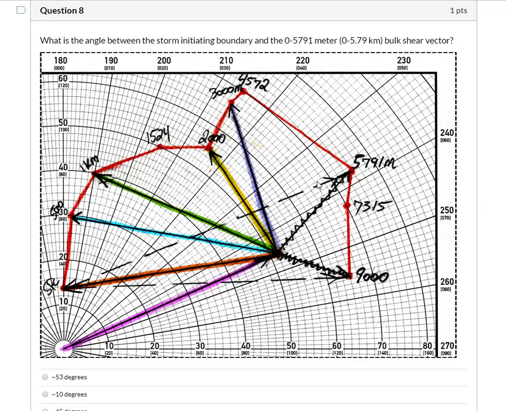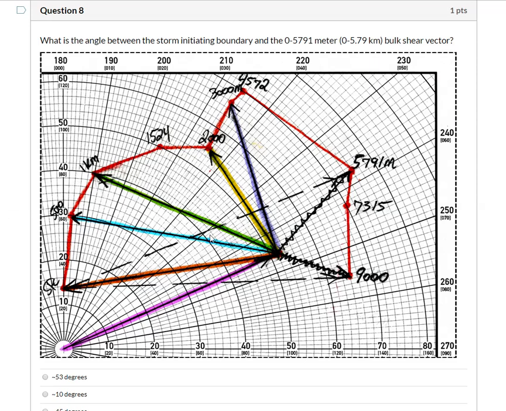And it was further confirmed by a paper by Dial and Racy from the Storm Prediction Center, I think it's 2004. Correct me if the year's wrong, but I know it's by Dial and Racy from the Storm Prediction Center. Storm initiating boundaries to upper level kinematics, the orientation between the two.